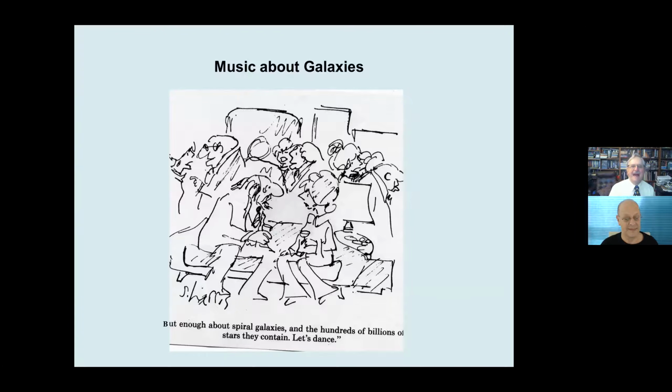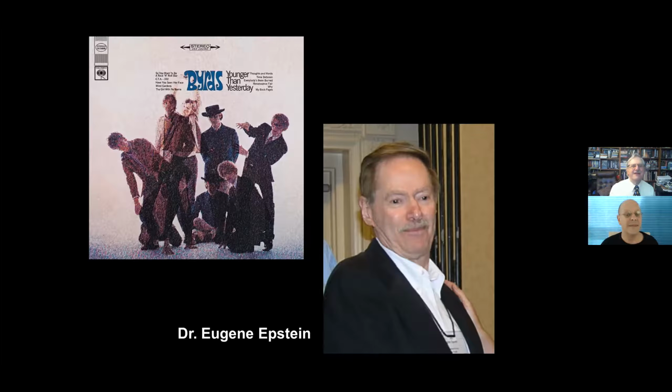There's music about galaxies that has been put together by a number of different people. Perhaps the funniest song has to do with an observation in the 1960s that the quasar CTA 102, this was some Russian radio astronomers, had in it some coded radio transmissions from another civilization.